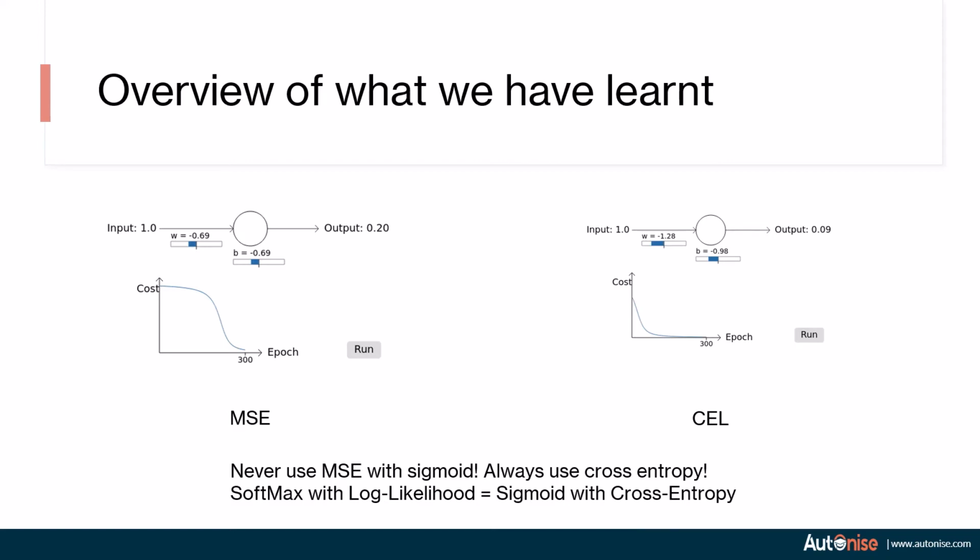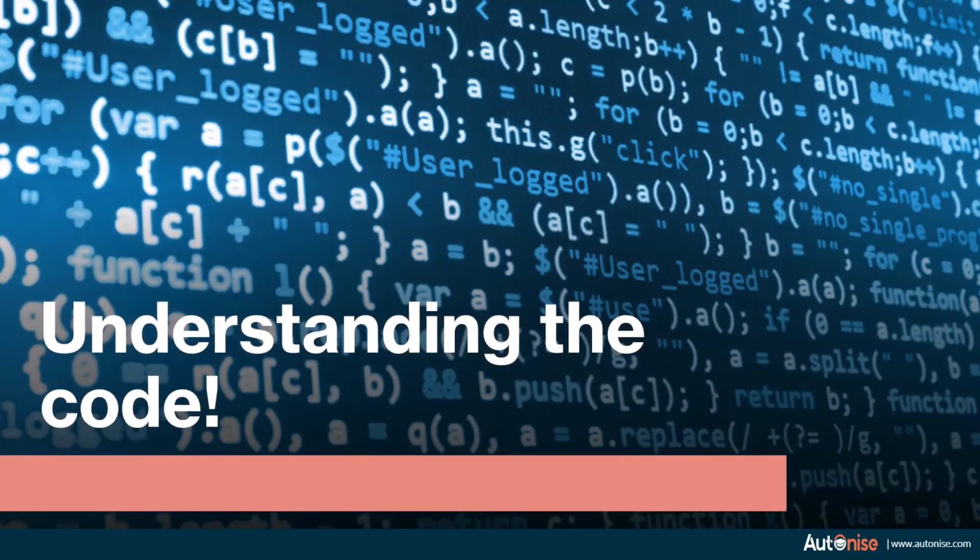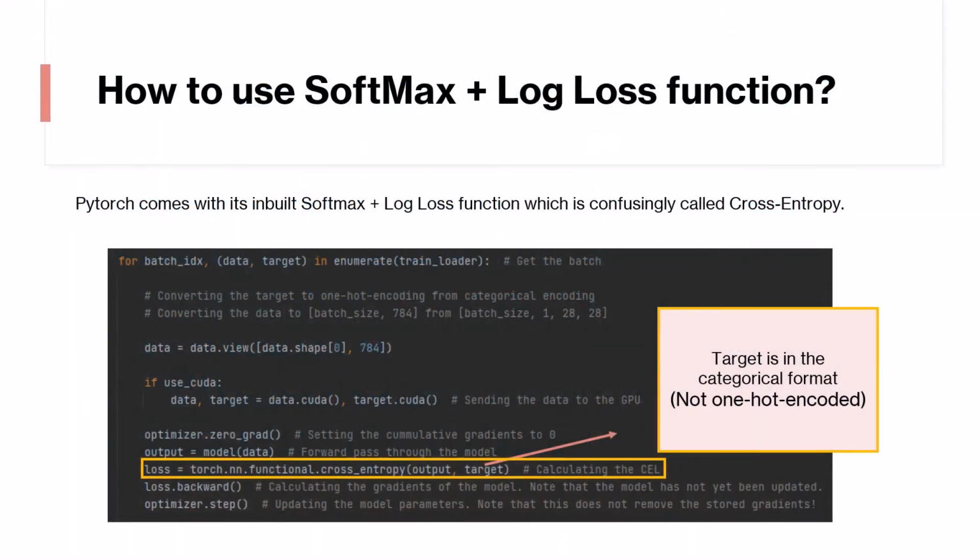Next, let us try to understand how to code the softmax plus log loss directly in Pytorch. As always, in Pytorch, such complicated functions are actually one-liners.